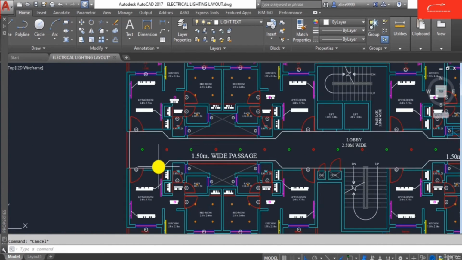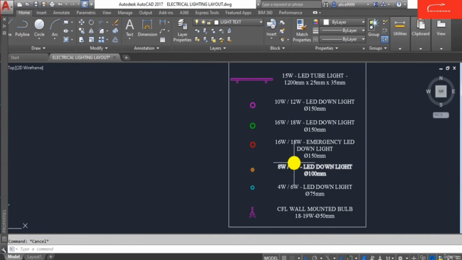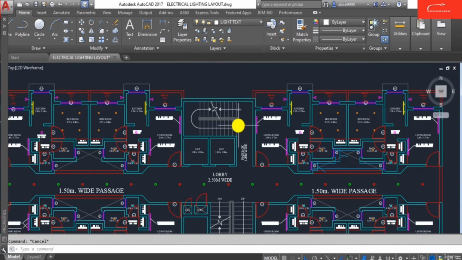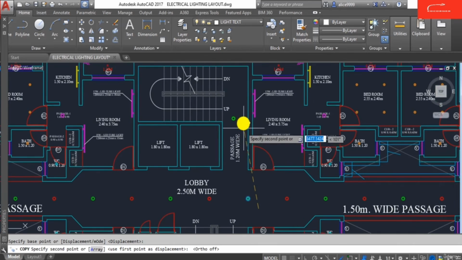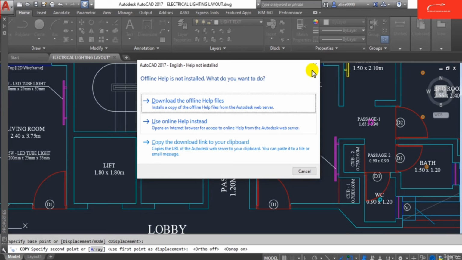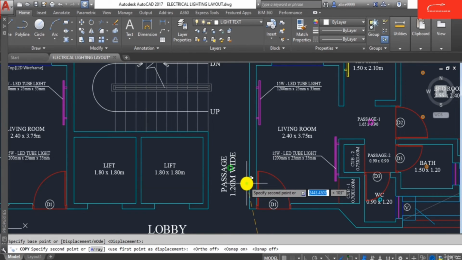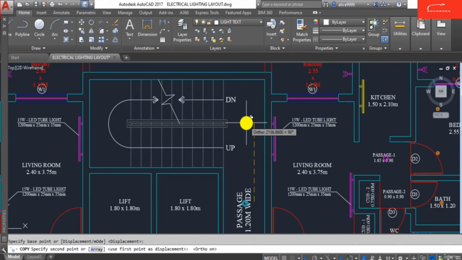So here I have mentioned the emergency as well as the normal LED lighting: 16 watt emergency LED downlight and 16 watt LED downlight. Here I want to mention the LED downlight.